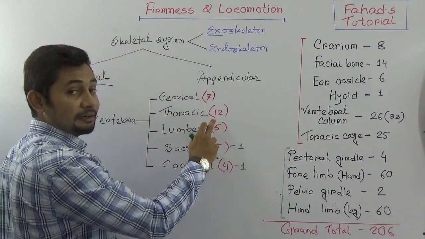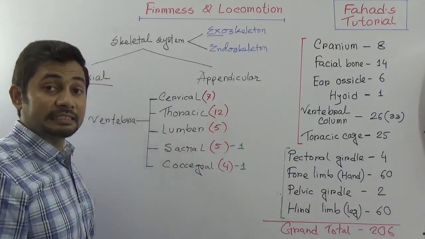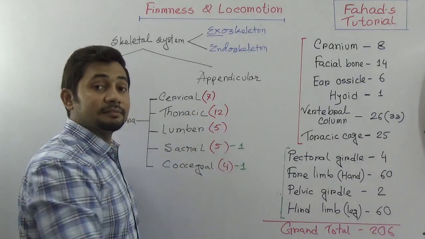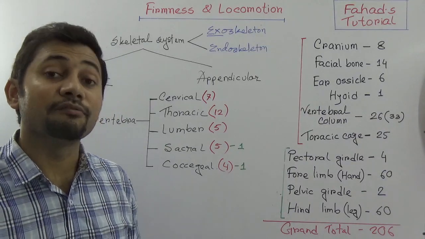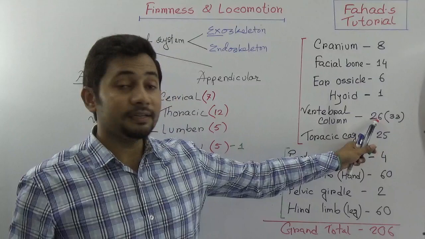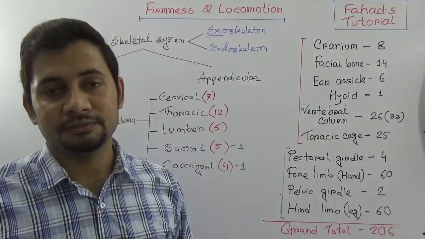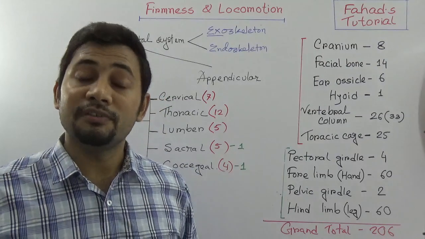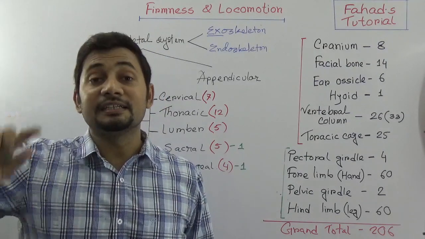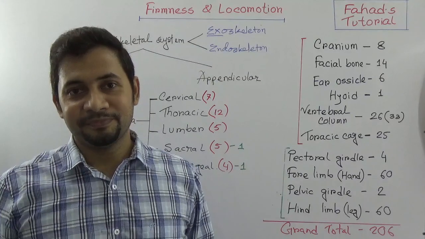Now you can count the 12 and 7 is 19, 19 and 5 is 24, and then we have 2, that is 26 vertebra when we reach our adulthood. But previously we have 33 bones, that is called vertebra in our backbone, that is called vertebral column.